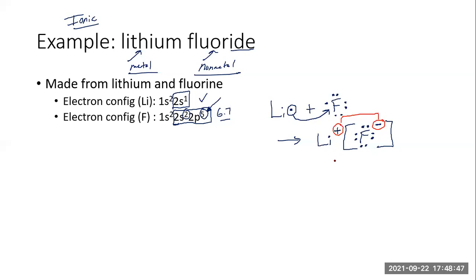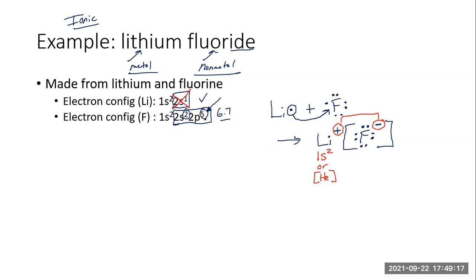Now, what is happening in terms of electron configuration? When lithium loses that one electron, its valence electron, it no longer has 3 electrons, it only has 2 electrons. It ends up with the electron configuration of 1s2. 1s2, if you look on the periodic table, is our good friend helium.